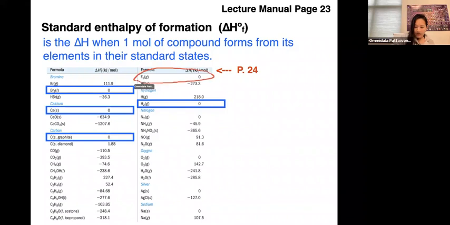If you're looking at all of these, those that are 0 just mean that those elements are already in their standard state.